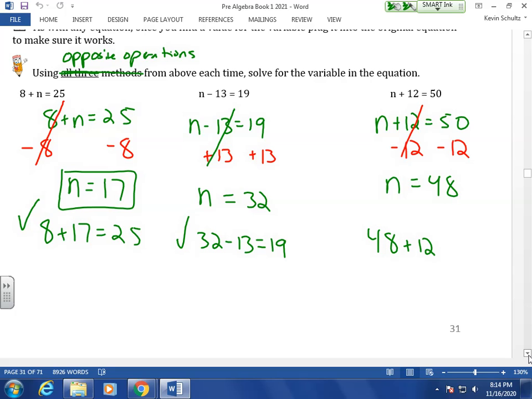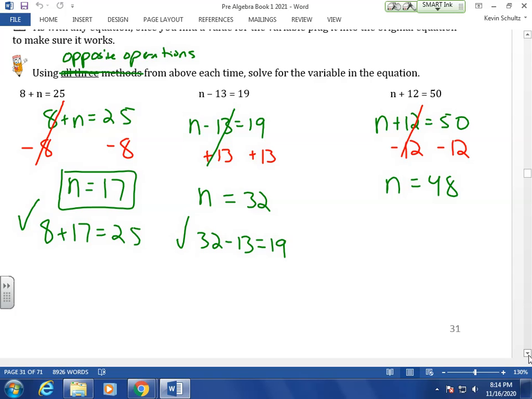48 plus 12 equals, oh, whoops. 48 plus 12 is 60. If I hadn't taken the time to check that, that would have been a point off on the test, right? Mistakes happen. And when they do, you want to go back and check. This did not work out. So then I go back to my work and I say, okay, I'm adding 12, so the opposite of that is subtracting 12. 12 minus 12 cancels out.